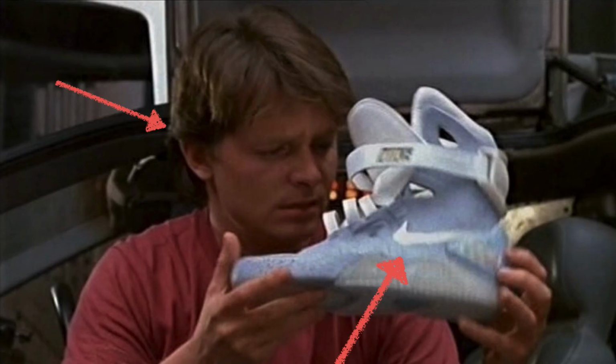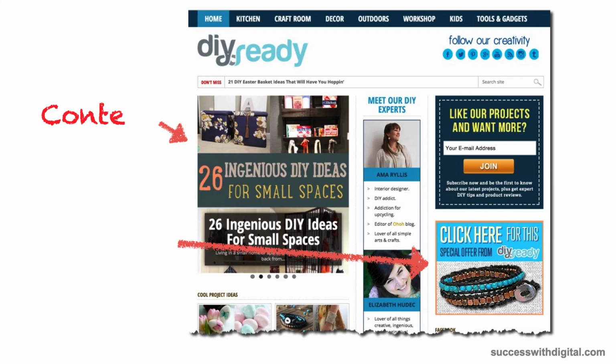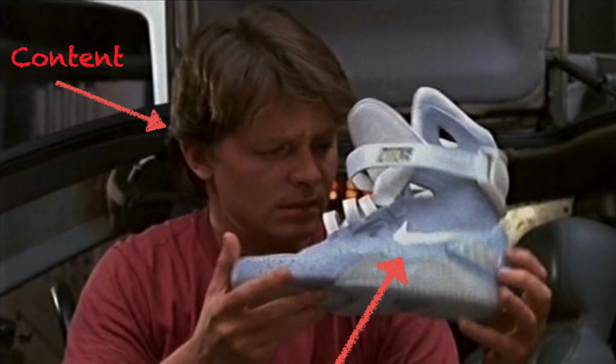Here's a movie, Back to the Future, where there was content, and then there was advertising, product placement. Any place you find eyeballs, you find advertising. Even in the movies, you see advertising like product placements.